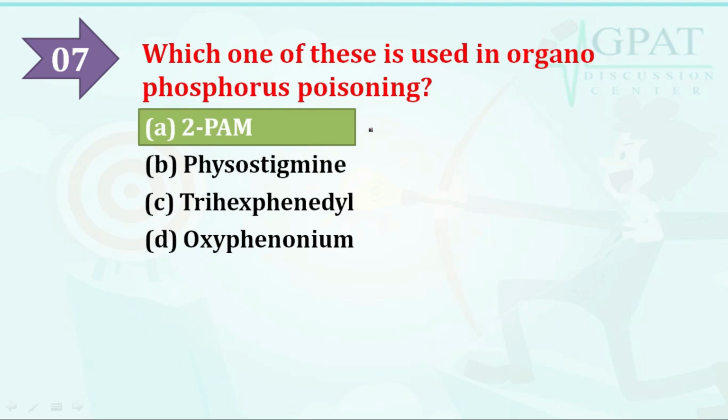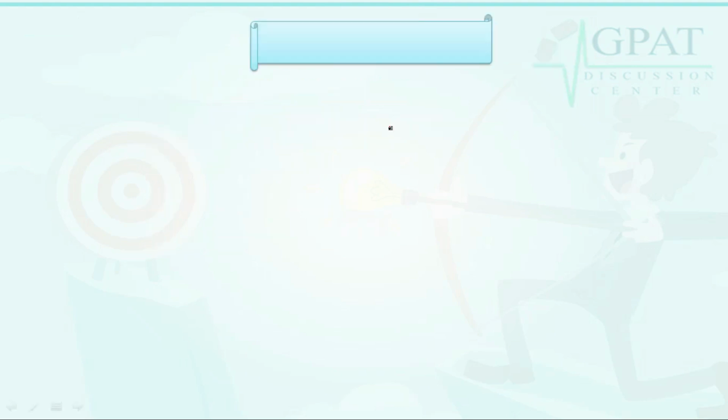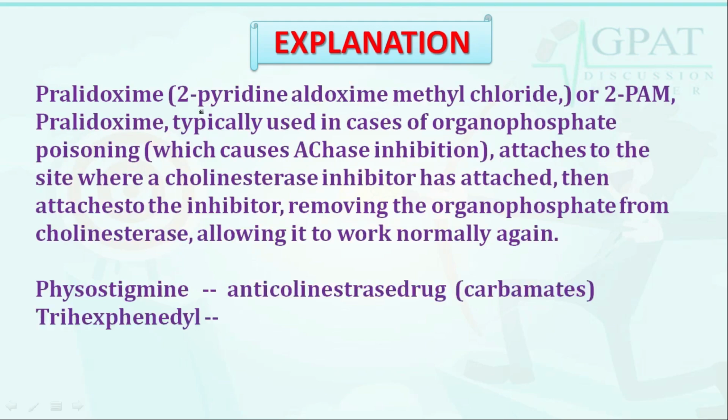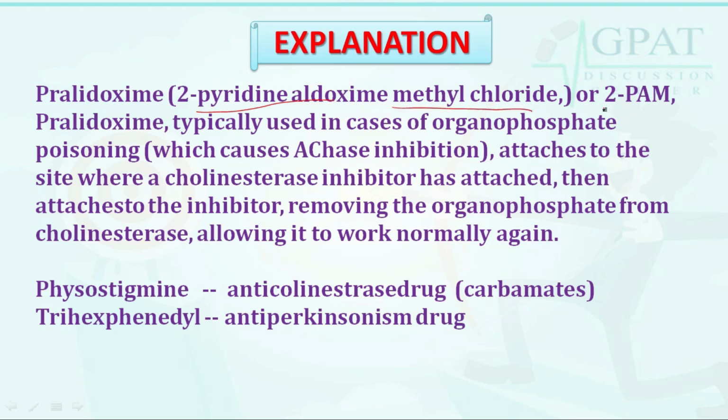So what actually is 2-PAM? Let's discuss with the help of the explanation. 2-PAM is 2-pyridine aldoxime methyl chloride, or pralidoxime, typically used in cases of organophosphate poisoning, which causes anticholinesterase inhibition.